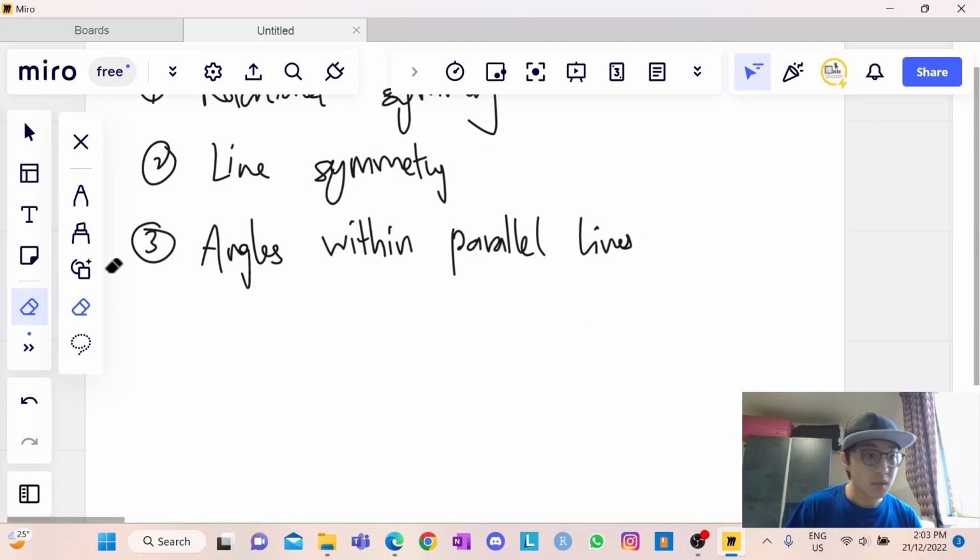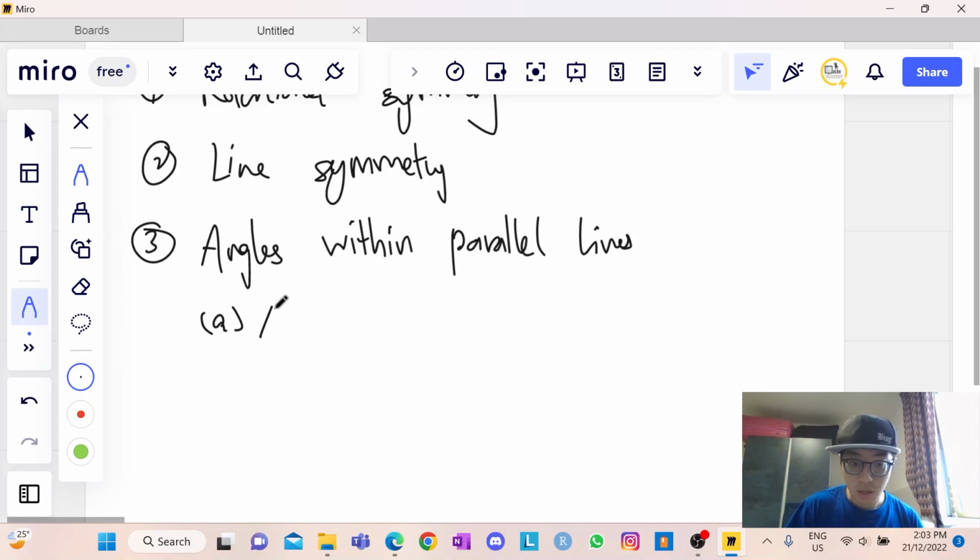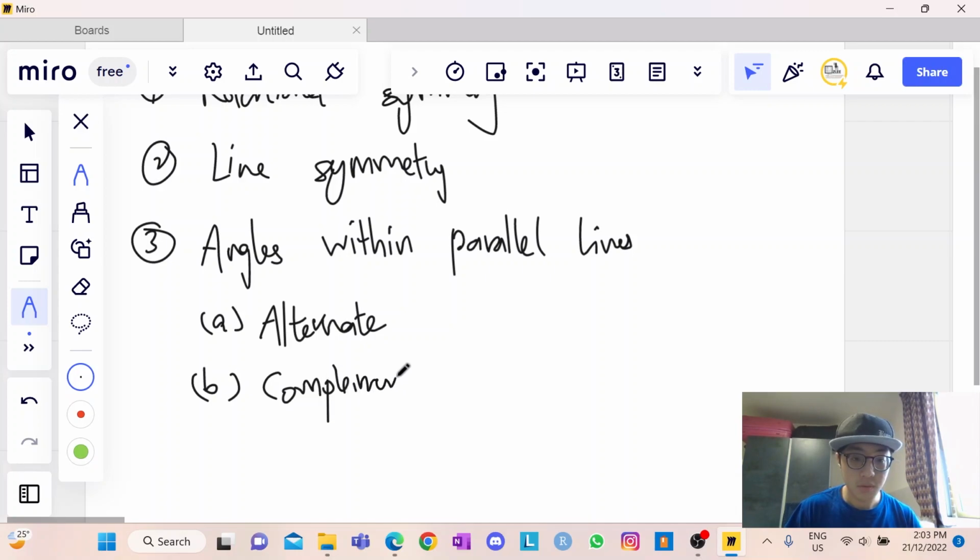Number one is the alternate. B is complementary. This is ugly. Complementary, and the last one is co-interior.